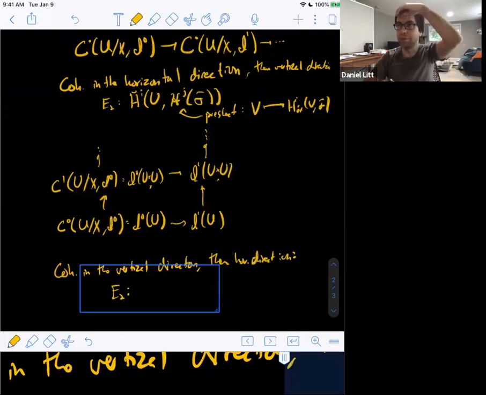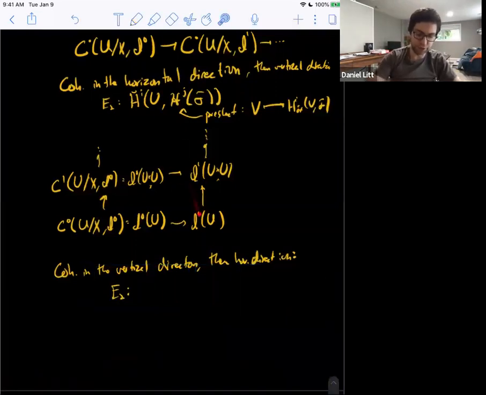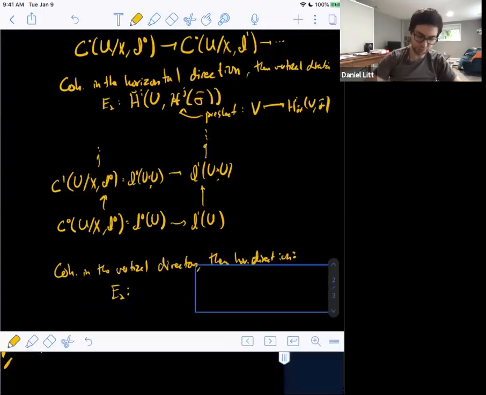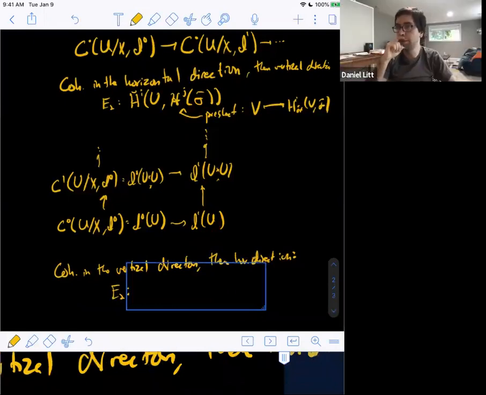Well, in degree bigger than 0. So the vertical directions, these things just are the Čech complexes of these injective sheaves, right? Can anyone tell me what the cohomology of this vertical complex is? 0, because it's 0 away from the bottom row, right? So what is it in the bottom row? Global sections. Yeah, exactly.